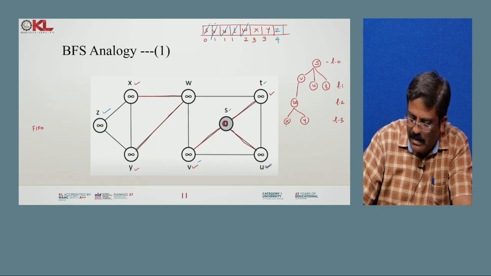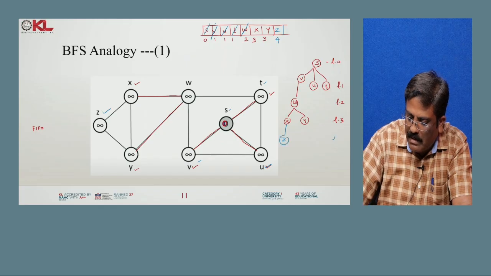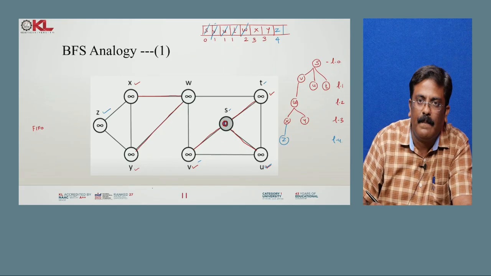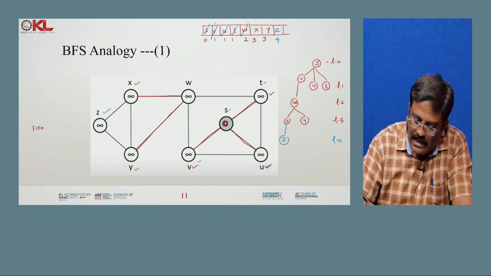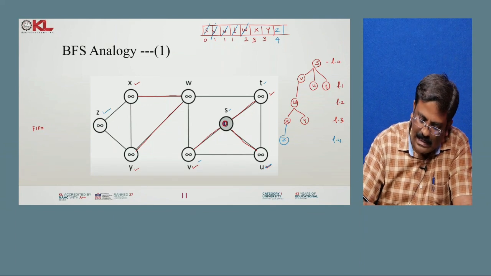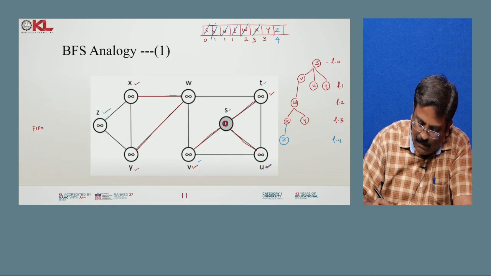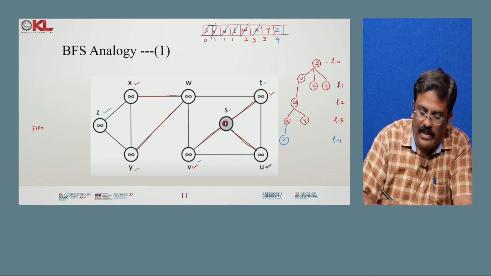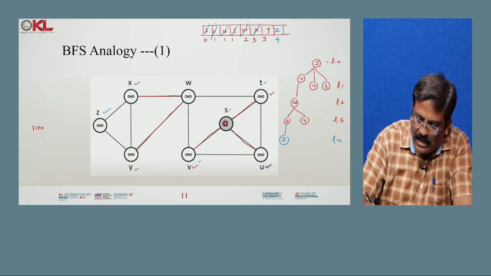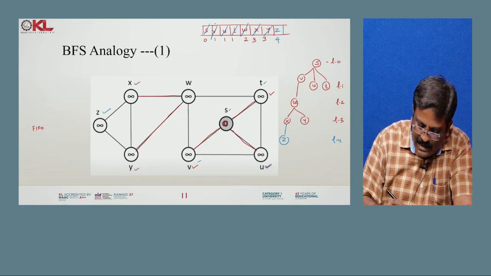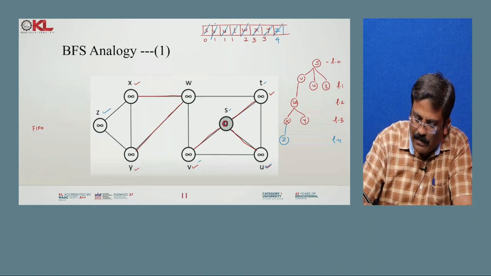So from X we can form Z. Once you have visited, X is popped out, and from Y to W is already visited, Y to X is already visited, Y to Z is already visited, and it is popped out from the queue. And from Z, X is visited, Y is visited, and Z is also popped out from the queue.